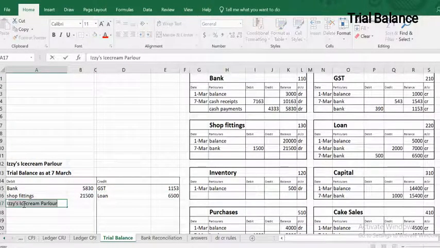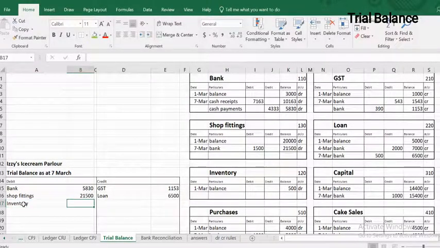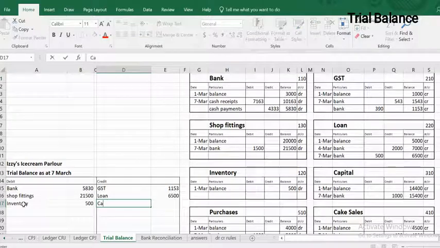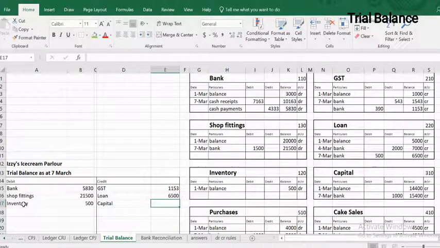Inventory, even if they haven't had anything happen to them, they still go into the trial balance. It's a 500 debit balance. Capital is credit. Going to go on the right-hand side, and capital is 400.